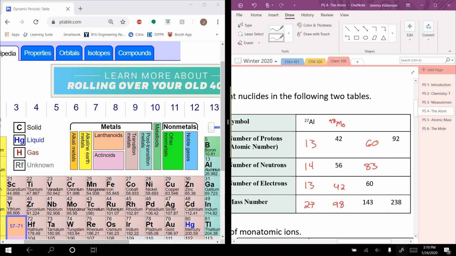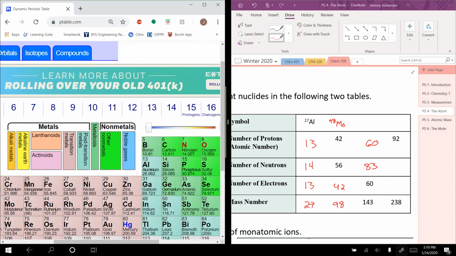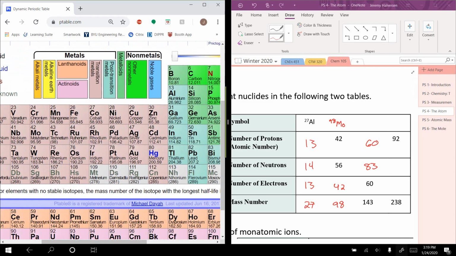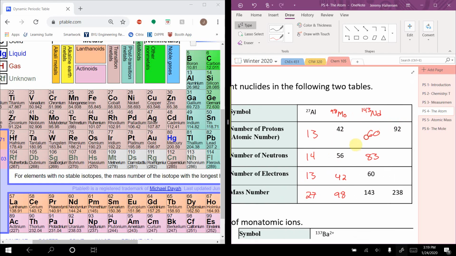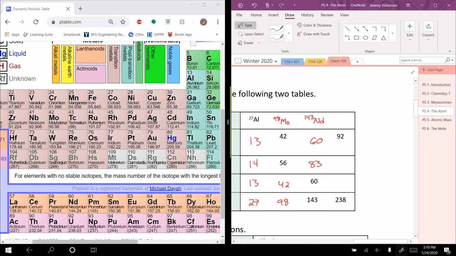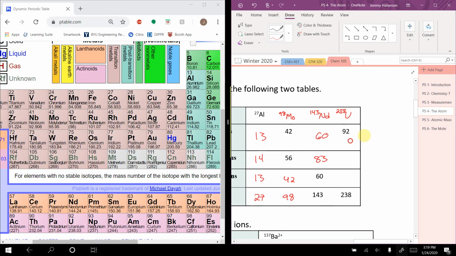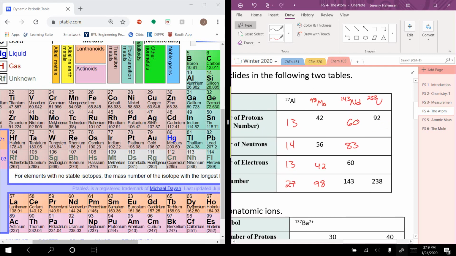And so 60 protons will be, where is it? Down here, Nd 143. And then here we have 92 protons, which is uranium 238, which means it's going to have 146 neutrons and 92 electrons to match the protons.